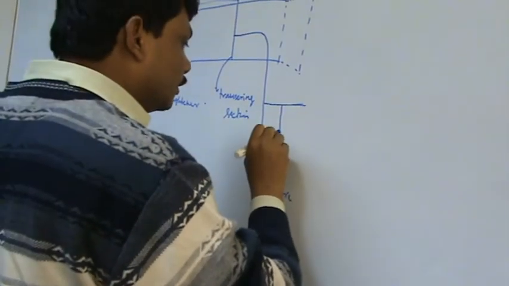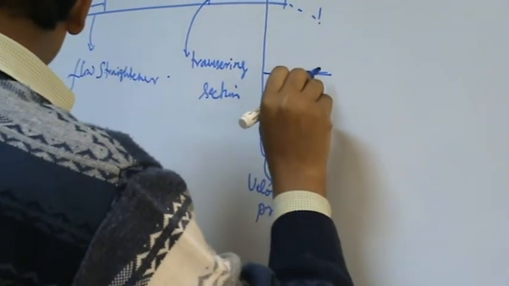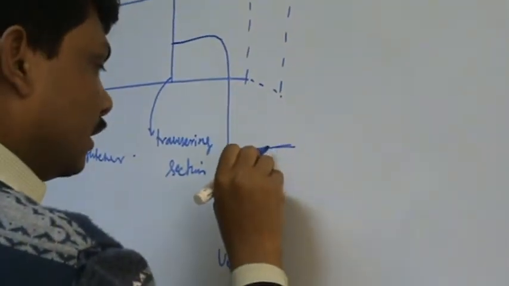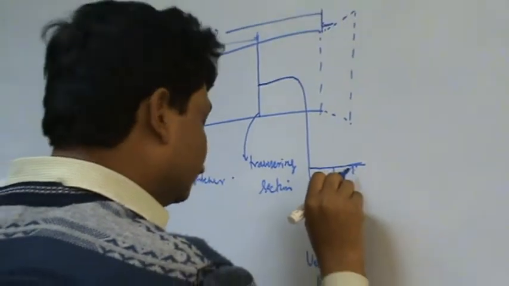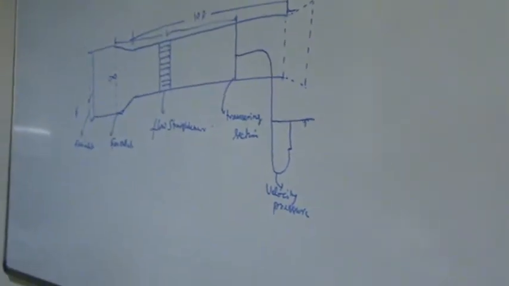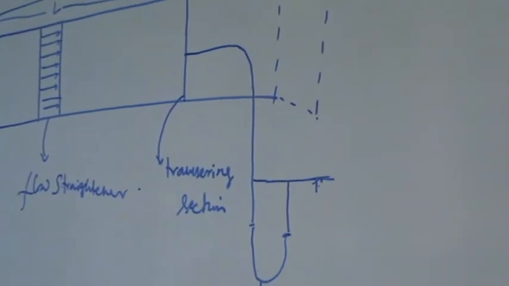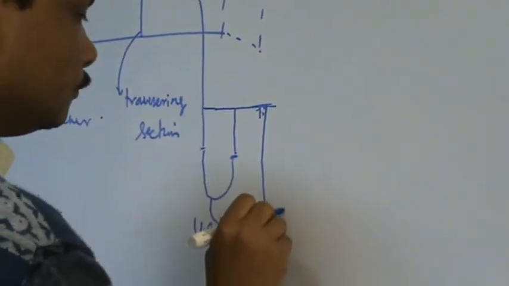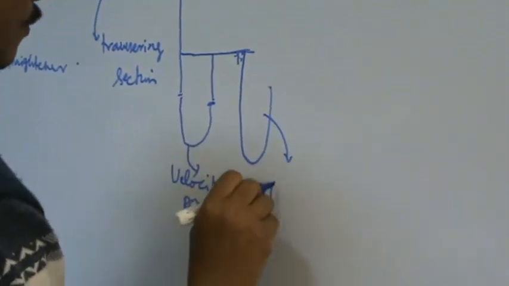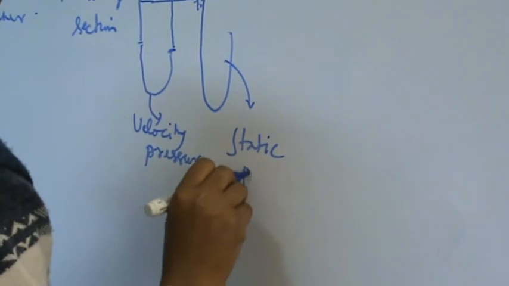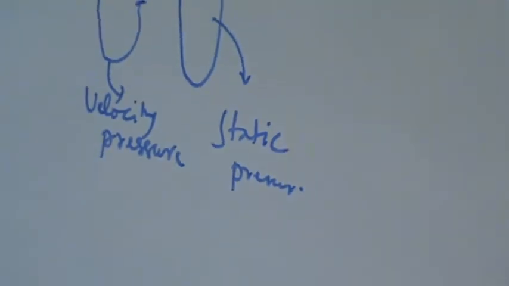Another one will give you the static pressure. This end will give you static pressure, and this one you can get the velocity pressure.